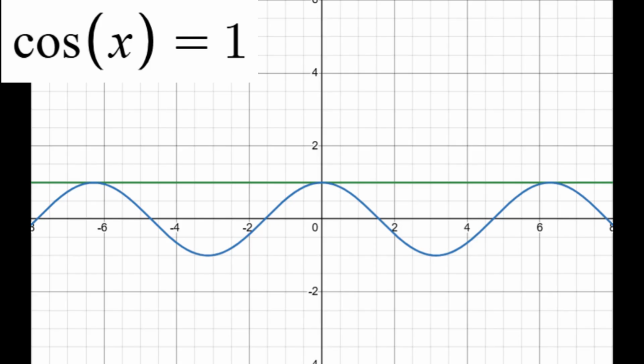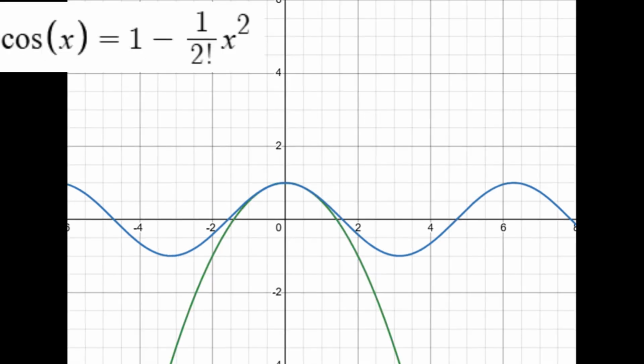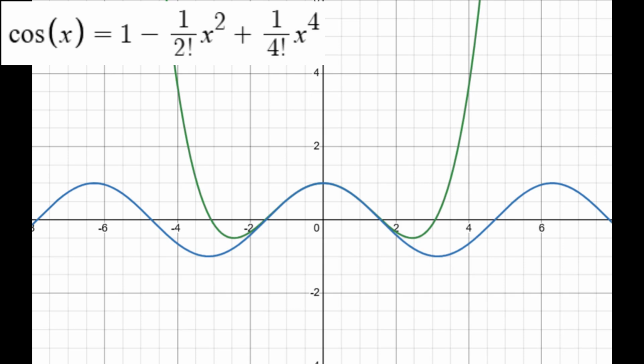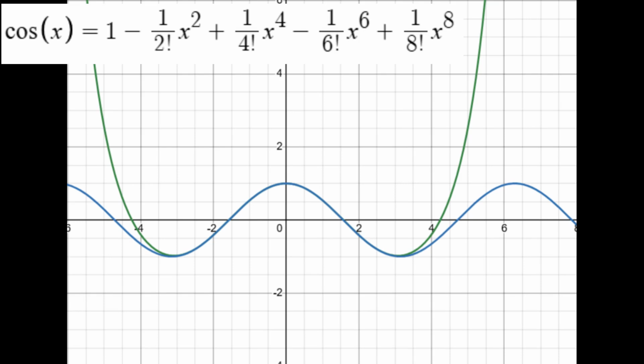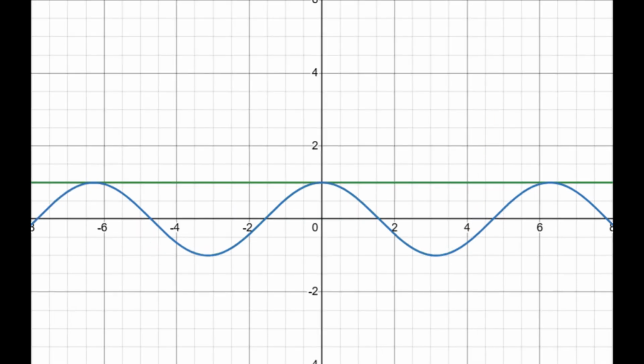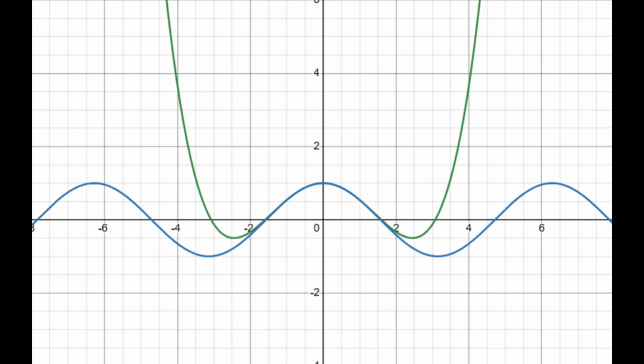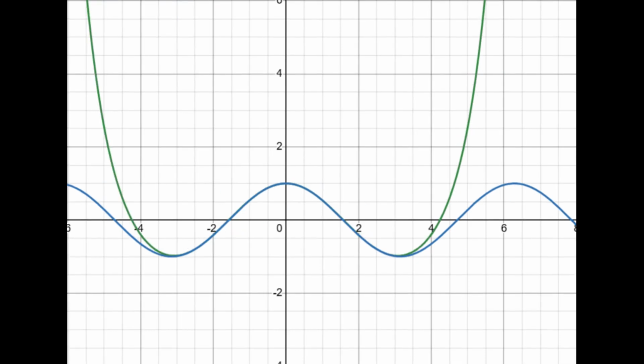If we assemble this into our polynomial, we get cosine of x is equal to 1 minus 1 over 2 factorial x squared plus 1 over 4 factorial x to the 4 minus 1 over 6 factorial x to the 6 plus 1 over 8 factorial x to the 8, and so on, with the more terms we add, making it a better approximation for cos x.